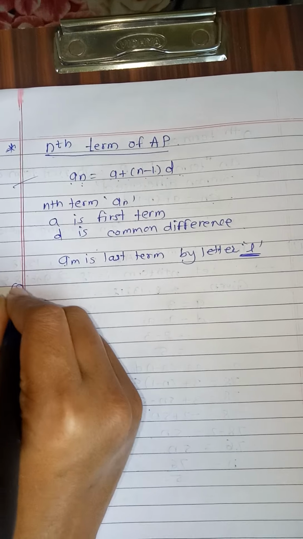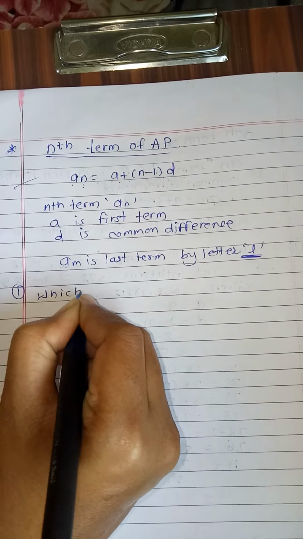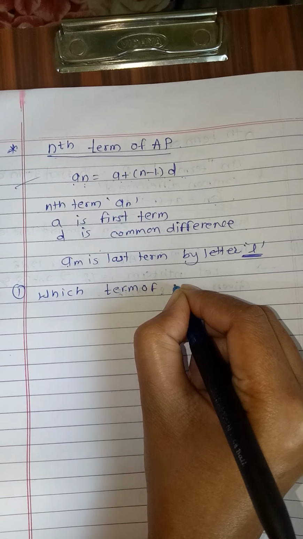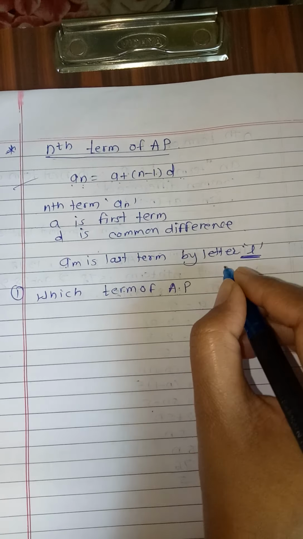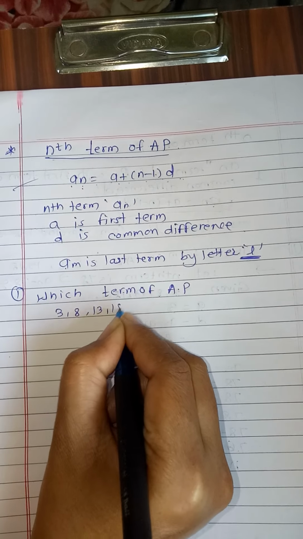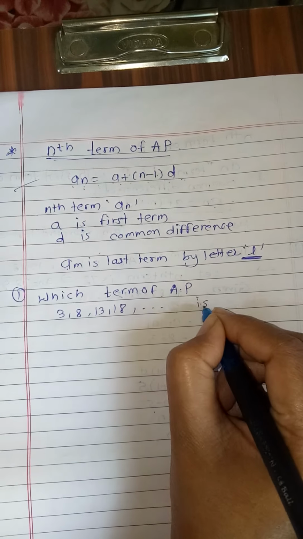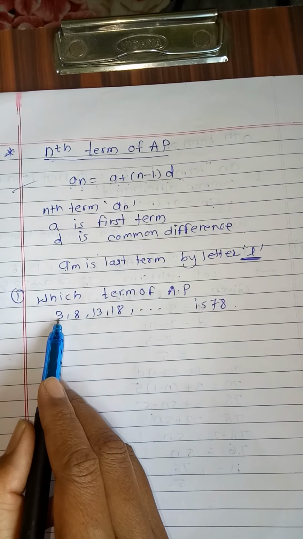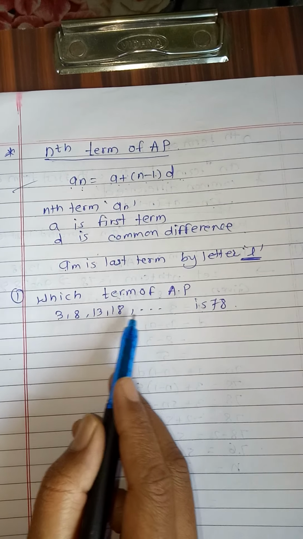The first example is: which term of the AP 3, 8, 13, 18, and so on is 78? So we have to find which term. This is a1, a2, a3, a4.